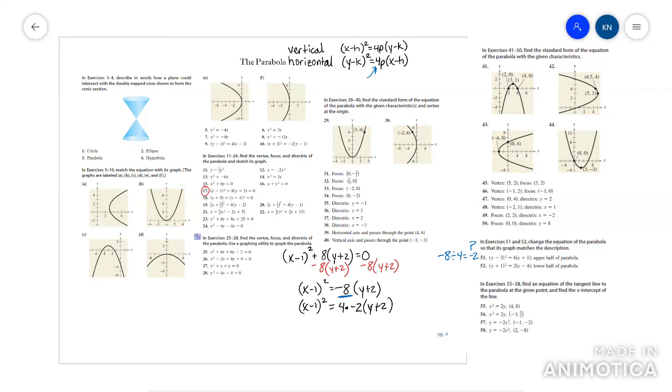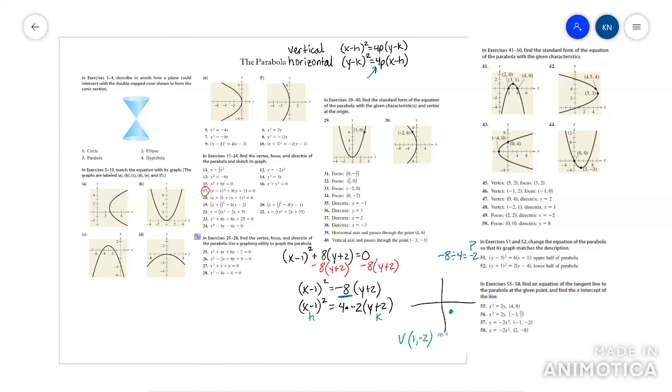Just like that. And now I'm ready to rock and roll in terms of graphing it, in terms of finding focus and directrix. I would first go find my vertex from my h and my k, which puts my vertex at (1, -2). So it's like here.